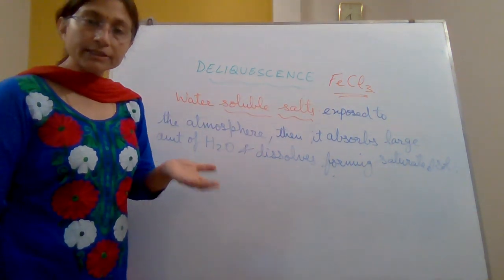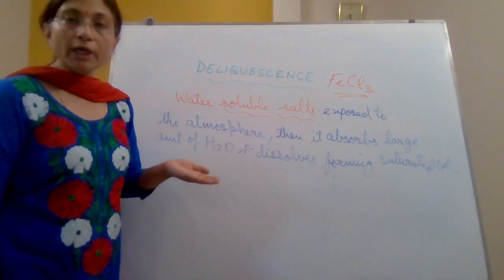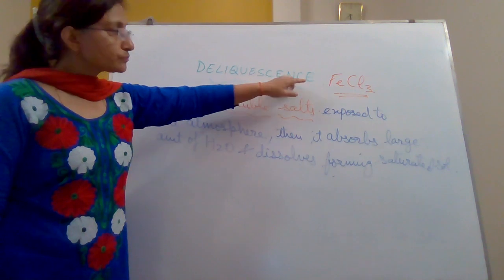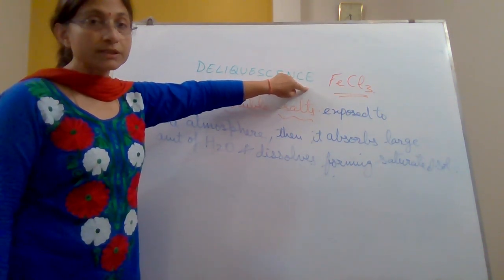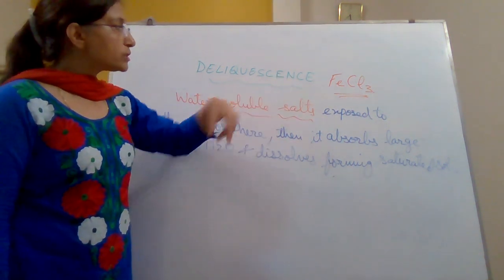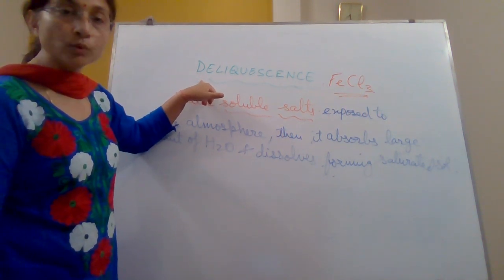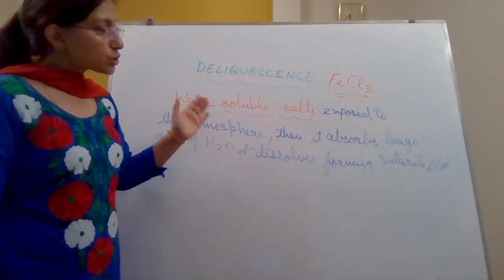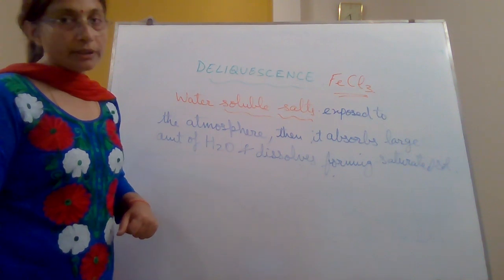As soon as it is exposed to the air, जैसे ही आप उसको जरा सा भी atmosphere से expose करेंगे, it will immediately dissolve and it will start flowing like a liquid. So any salt showing the property of deliquescence, we call it deliquescent in nature. I hope all this is clear. Just go through these topics from your book so that we can continue in the next class.